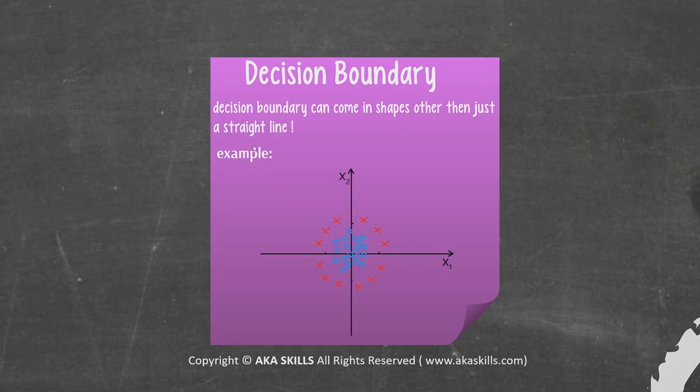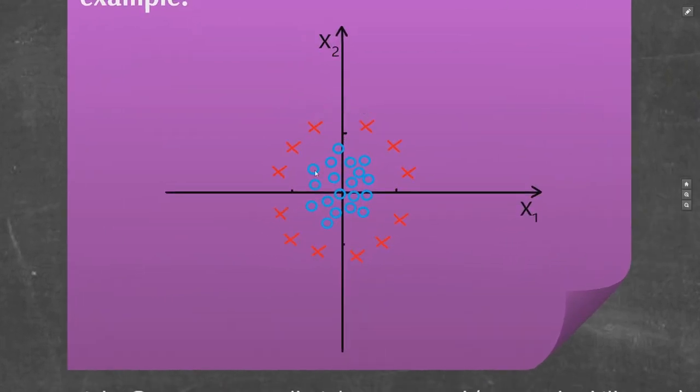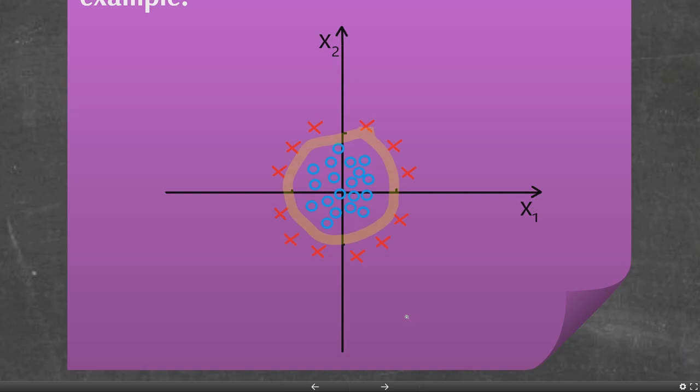As you might already know, the decision boundary is not just a line. The decision boundary can come in different shapes, other than just a straight line. For example, here, if we have x1 and x2, two features, and this is how our data is split, you can say that the decision boundary is here.